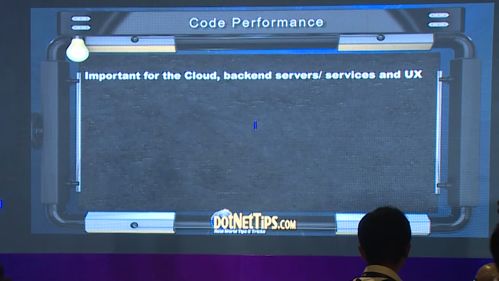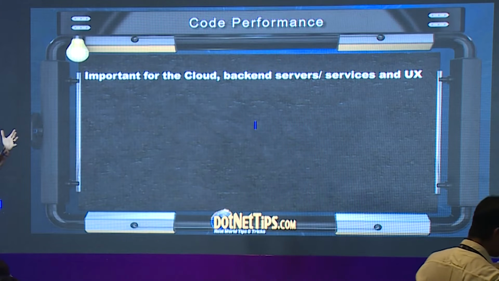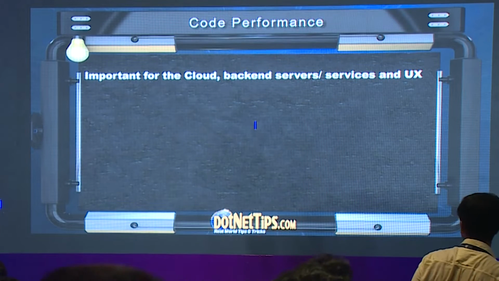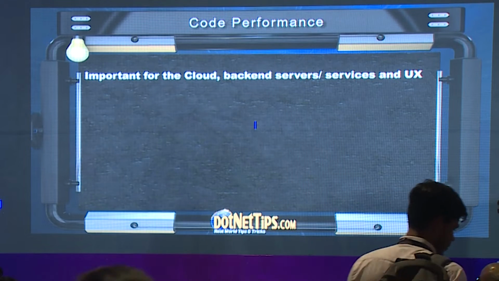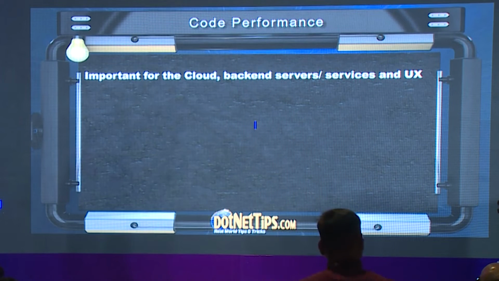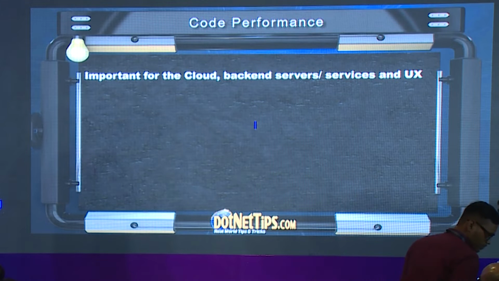Every millisecond you can save is savings in money, right? So this is why I'm really hyper-focused on code performance, because the slower your code, the more you're going to pay in Azure or AWS or Google or something like that, okay? So it's super, super important.